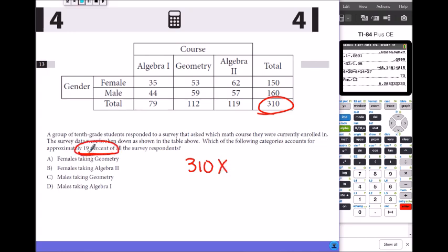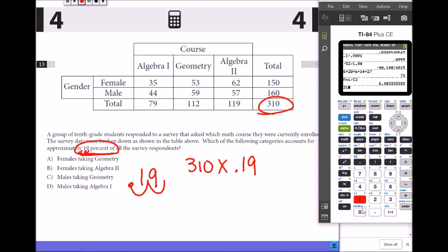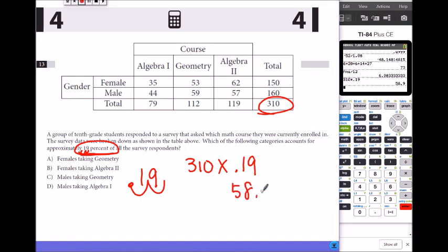So 19% means you move the decimal 2 places to the left, so it's 0.19. If it's "of" something, you multiply. So 310 times 0.19, you get about 58.9. If you round it, it's 59, right? Approximately 59.